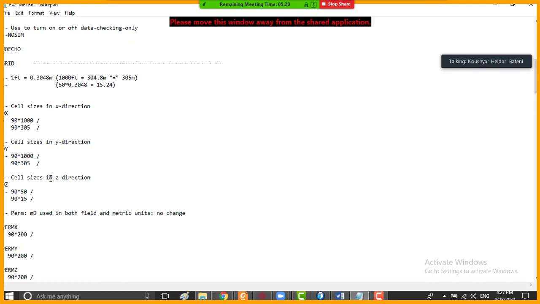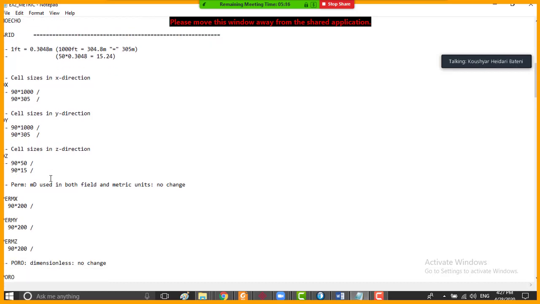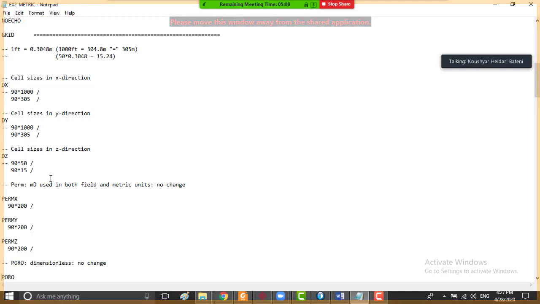Now, for permeability in the x direction, y direction, and z direction, it's still the same. I have to define the permeability in the x direction for each of the matrix blocks, right?